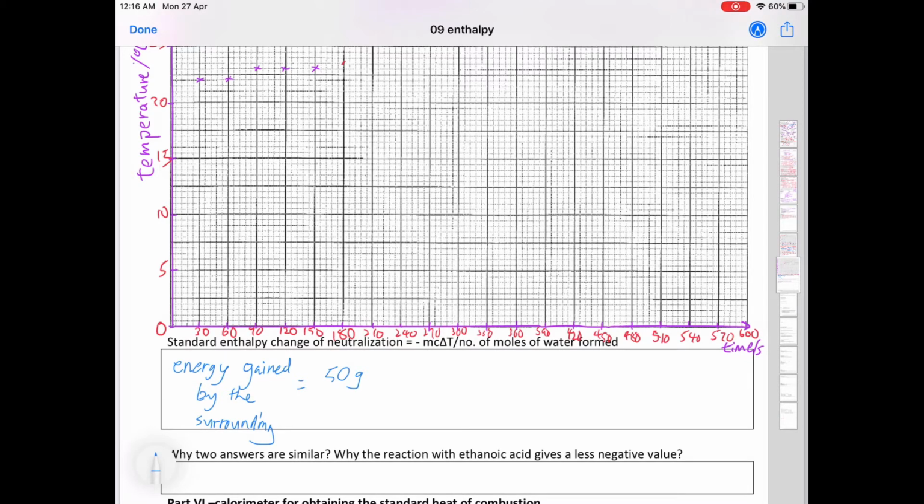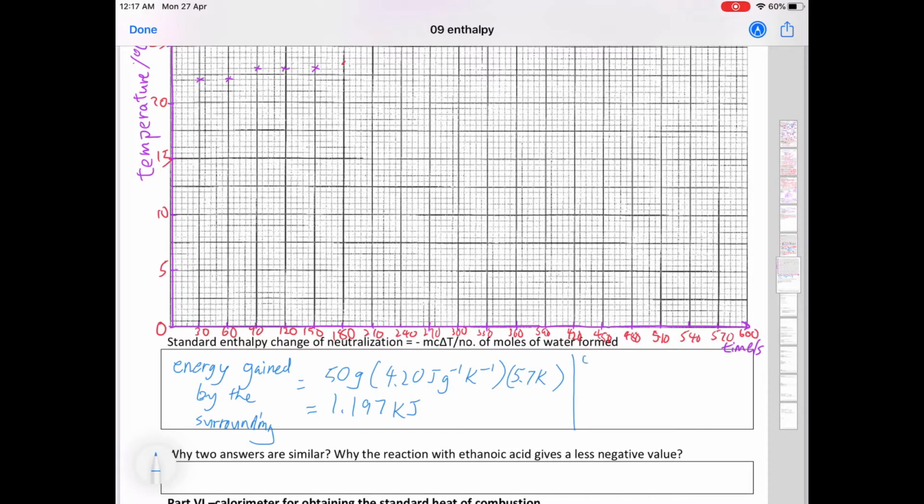And then the c is just 4.20 joule gram to the power -1 and K to the power -1. And finally the delta T equals 5.7 Kelvin. Again, time for the calculator, and this time equals 1.197 kilojoule. I already divided the answer by 1000 to convert it into kilojoule as the unit.